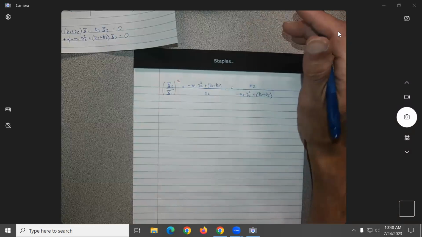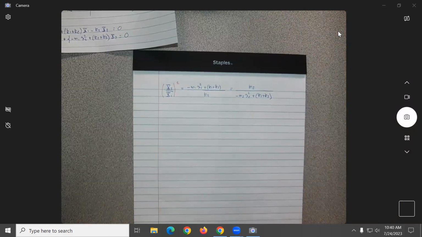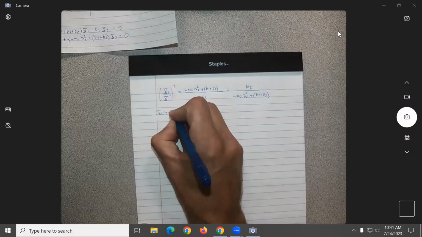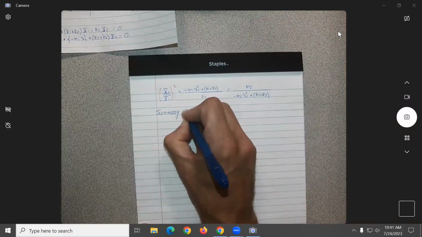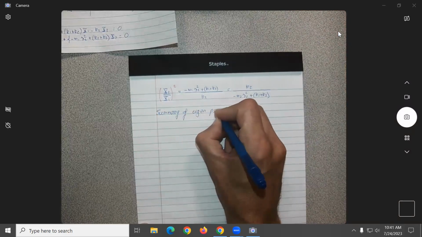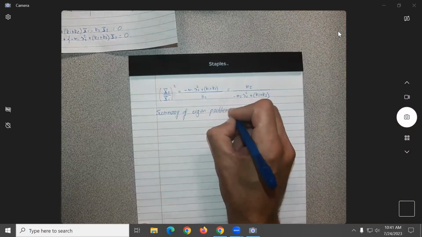Okay, so let's do a little summary here of what we have been doing, okay? So summary of the eigenproblem. Because here the physical meaning of the term is important.